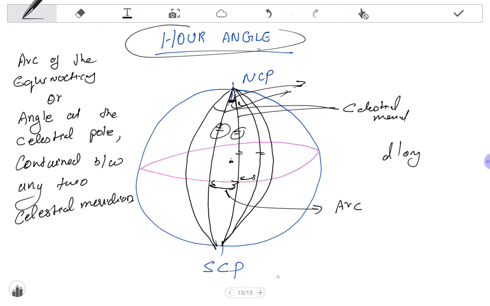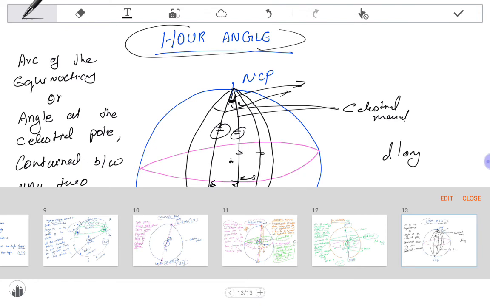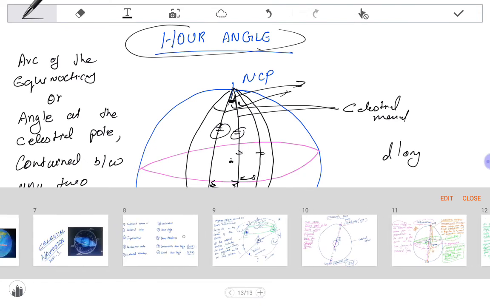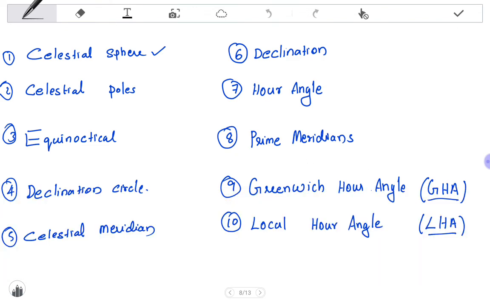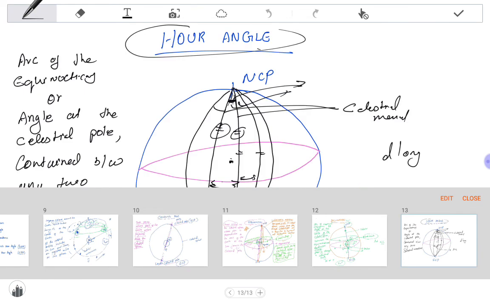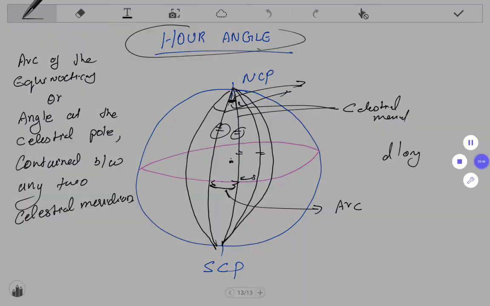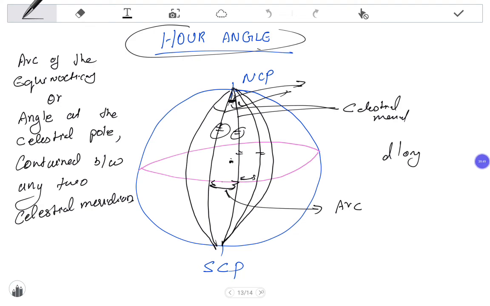Now, what is our next topic after hour angle? Prime meridian.